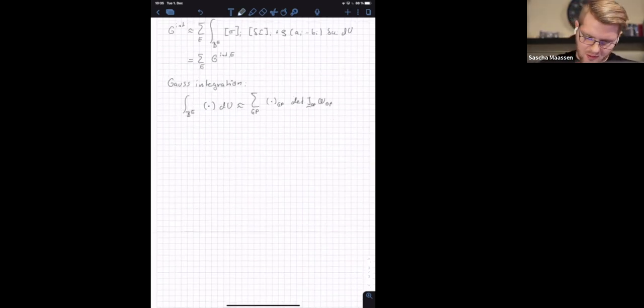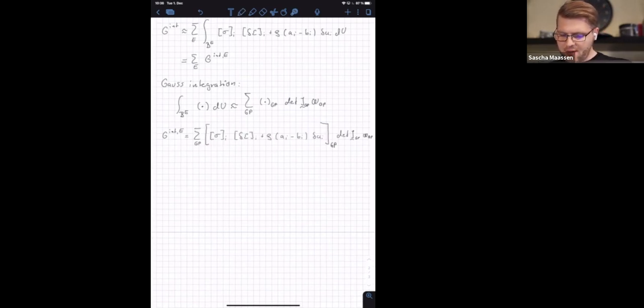If we apply this scheme to our internal element-wise weak form, we are just asked to evaluate everything inside the integral at our integration points GP.